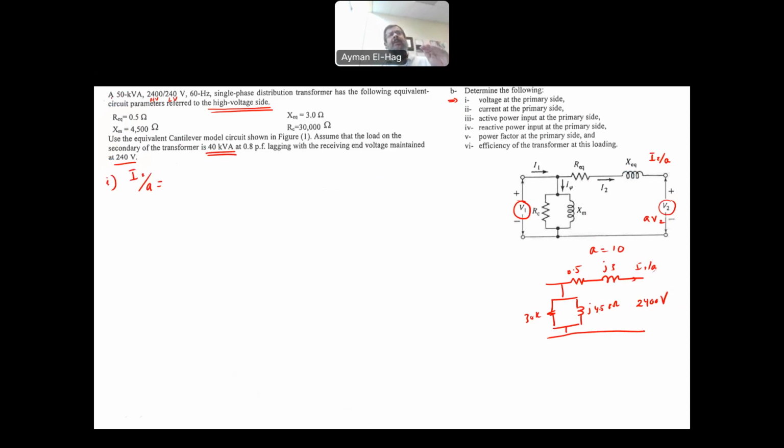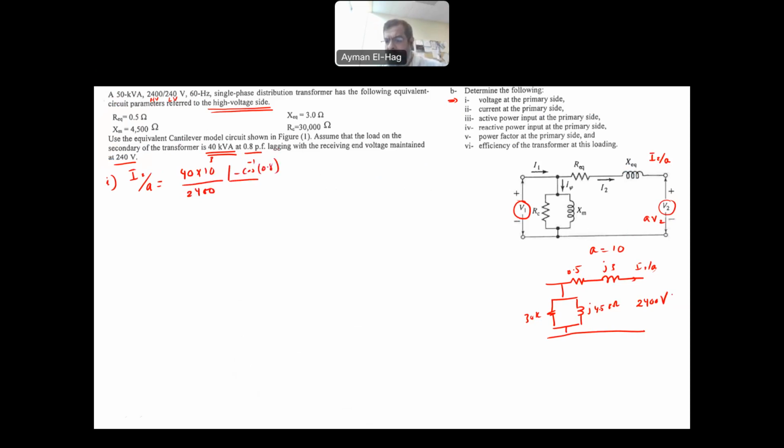Sometimes they will tell you, assume the load is the rated load, which will be 50 kVA. This time it is less. So this is equal to 40 times 10 to the power 3 divided by the voltage, which is 2400. And the angle will be, it's 0.8 lagging, minus cosine inverse of 0.8.